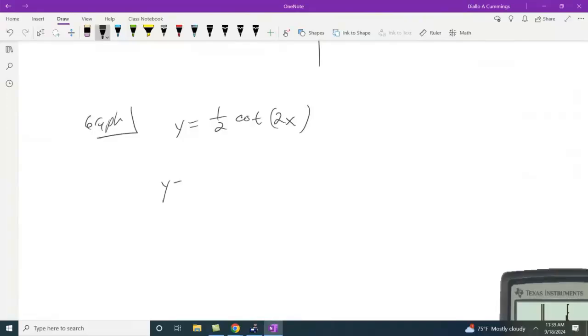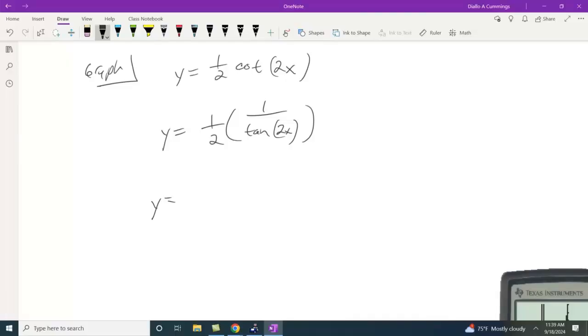So just as we've done before, I'm going to bring down my 1/2. I'm going to rewrite the cotangent of 2x as 1 divided by the tangent of 2x. I'm going to write this out as one fraction, so I'm going to multiply my numerators and multiply my denominators. And since we have more than one operation in the denominator, I must encase it in a set of parentheses.